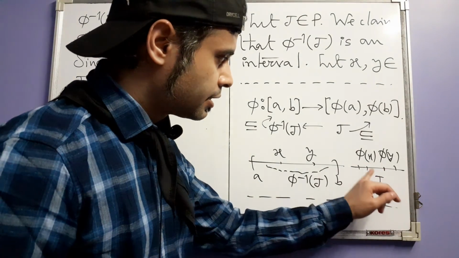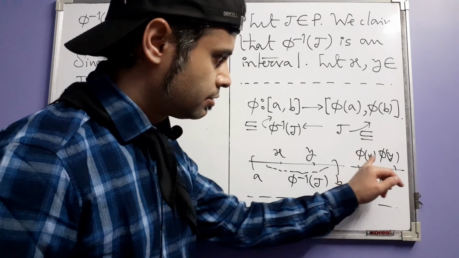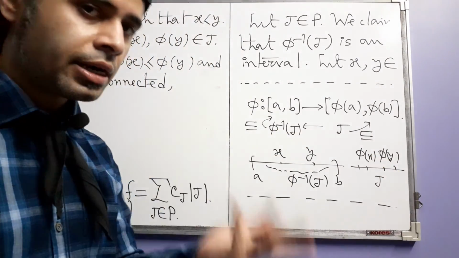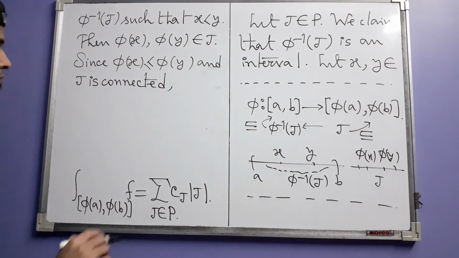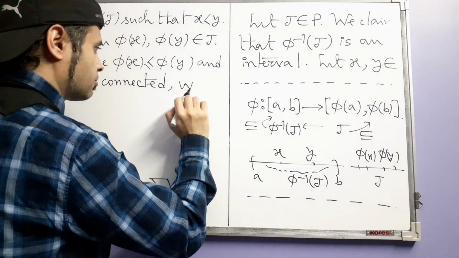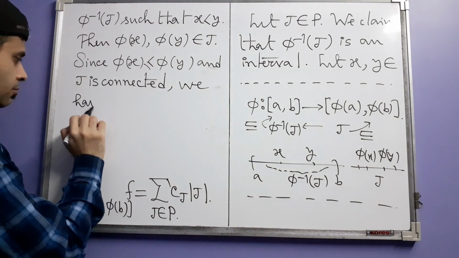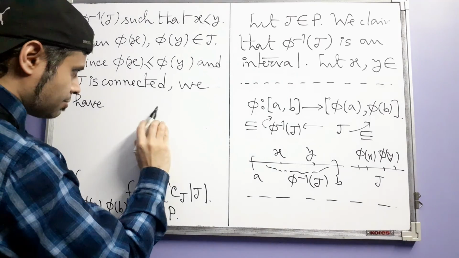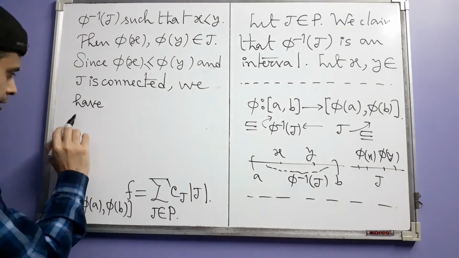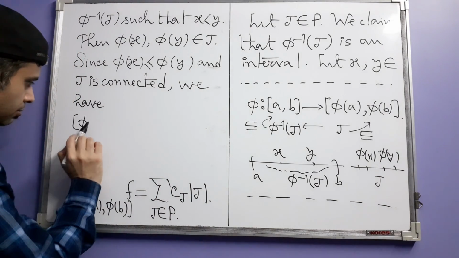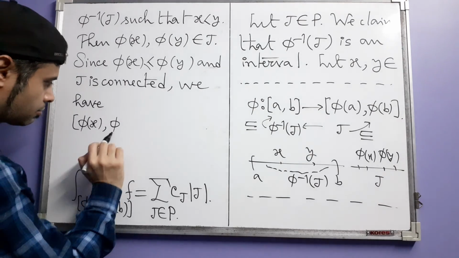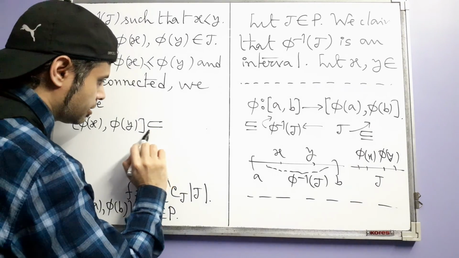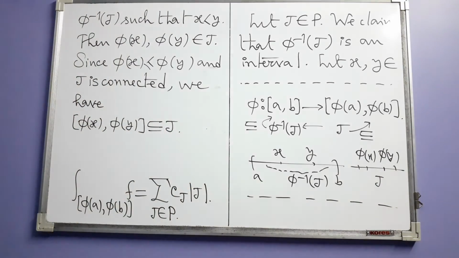Now j is connected, so the interval determined by these 2 points will be contained entirely within j. This is entirely contained in j.